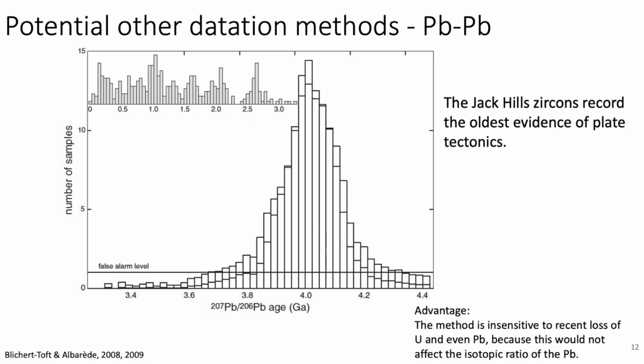So here that's a paper that uses another dating method, the lead-lead isotopes. The advantage of this method, I think it requires dissolving the zircon though. This method is insensitive to the recent loss of uranium and even lead, because it will never change the isotopic ratio of lead.